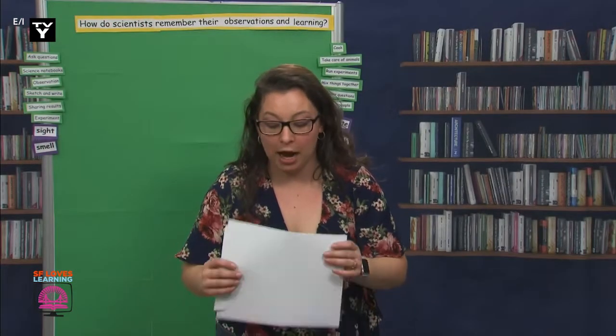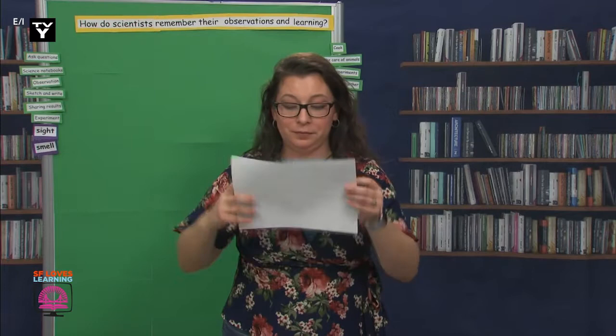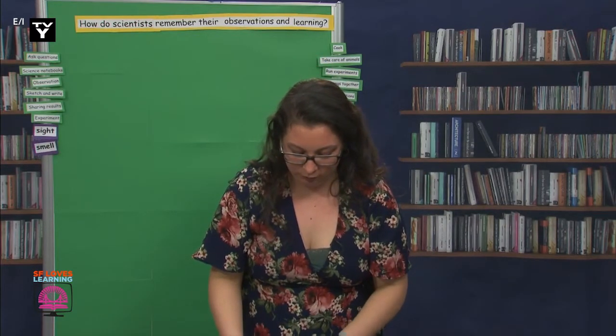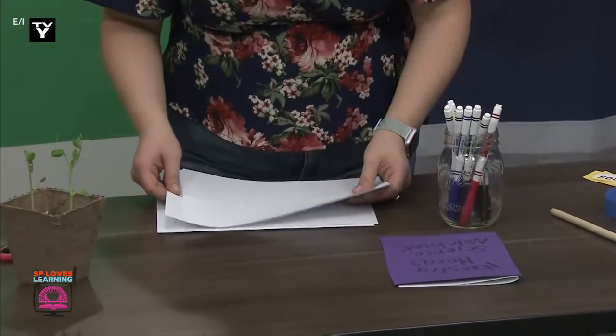We're gonna start by folding all of our papers in half. We wanna fold them crosswise because it looks like a booklet this way. We're not gonna fold them this way. Feels good.